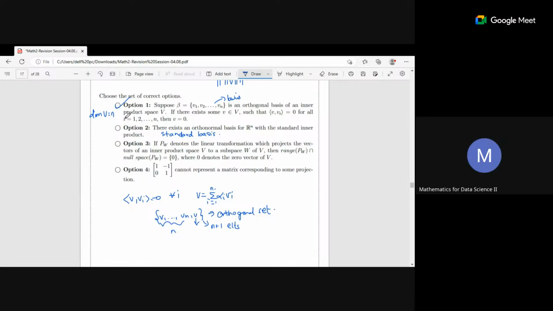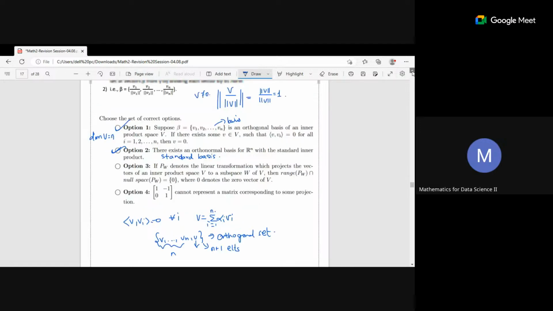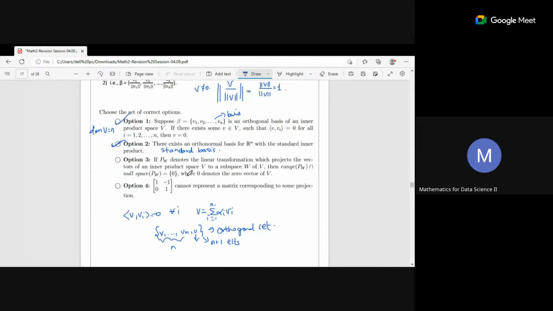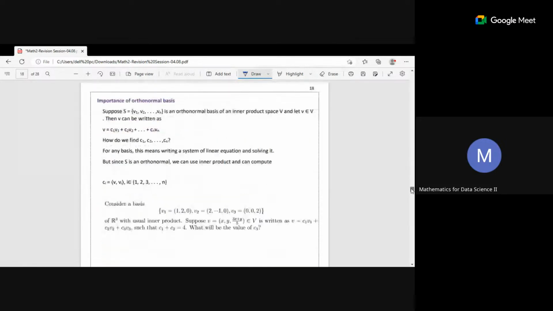And for option 2, you know that the standard basis is an orthonormal basis for Rn with the standard inner product. And option 3, I have not started projection yet, so I will come back to this option after I talk about projection.